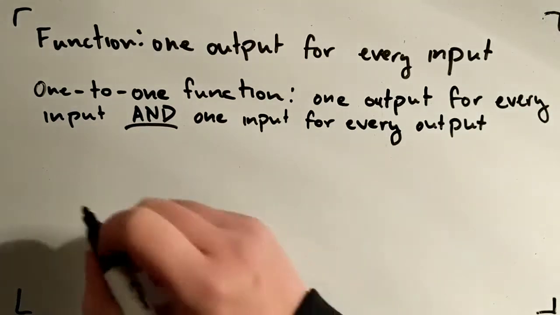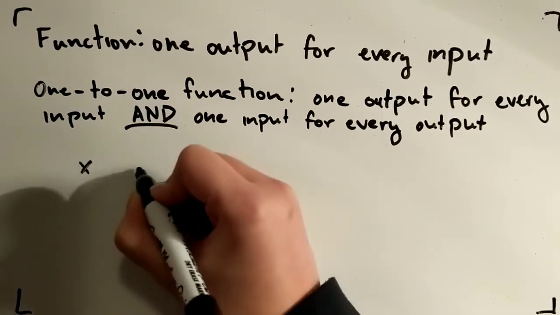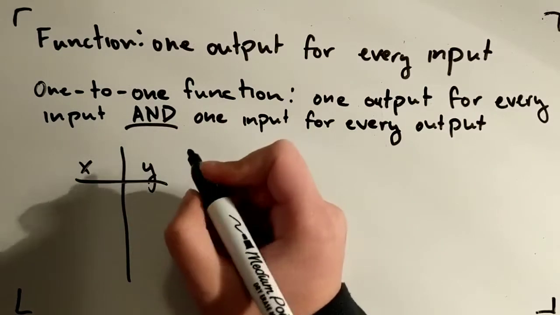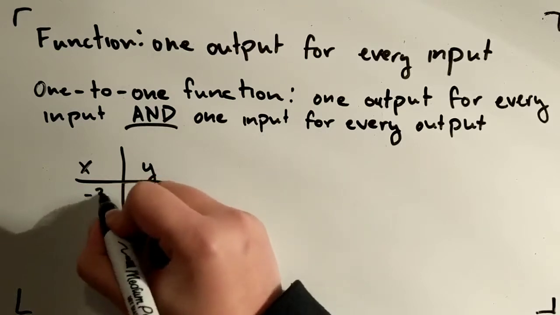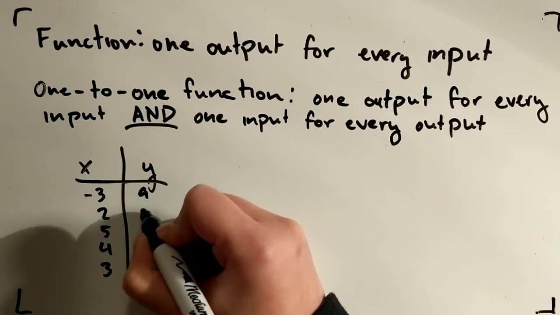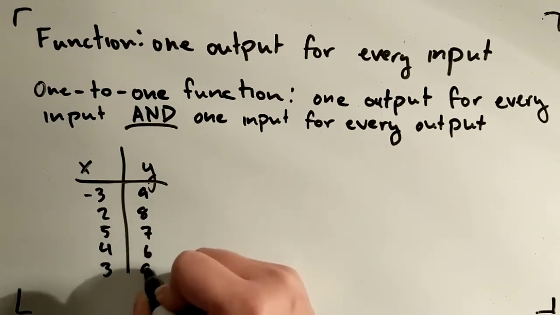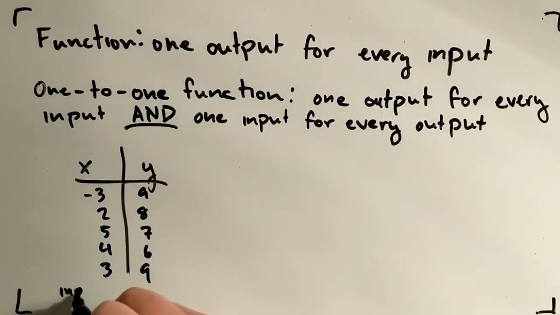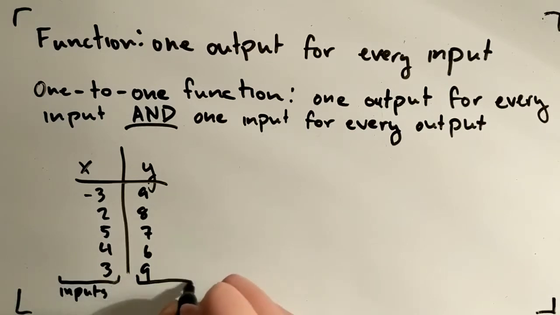So to help you understand, we're going to show you an example with a table of values. So the x values are the inputs, and the y values are the outputs.